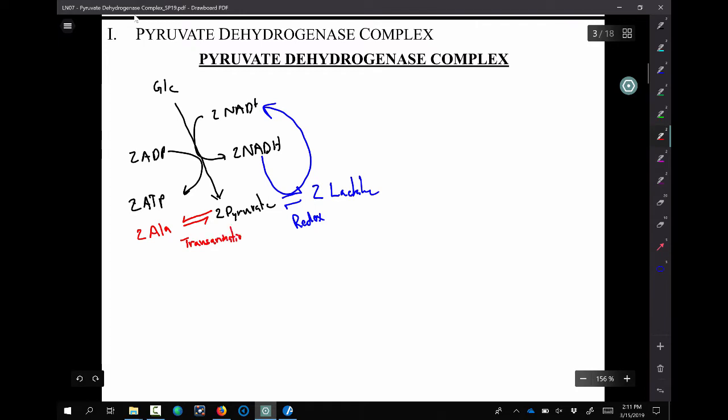A fairly important one. We will talk about that certainly more when we get to amino acid metabolism. For now, I think it's important to recognize that both lactate and alanine, or other amino acids, are sources of pyruvate in the cell.